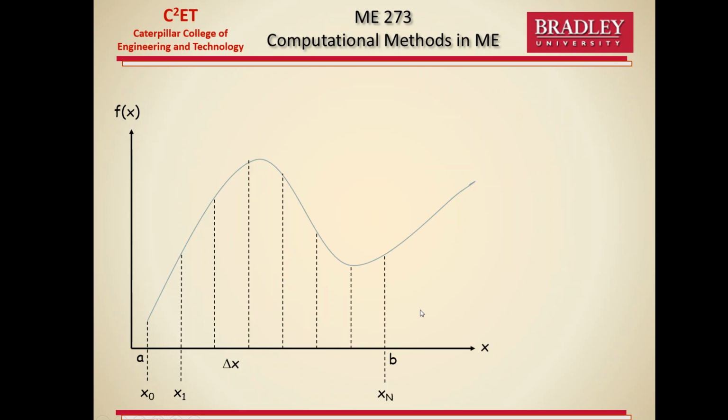Each of these dotted lines is separated by a distance delta x, and I've got an integral number of them fitting between a and b here. And so instead of rectangles, I'm going to use a trapezoid now to try to approximate what is happening under that curve. Delta x can be easily calculated again, by the way.